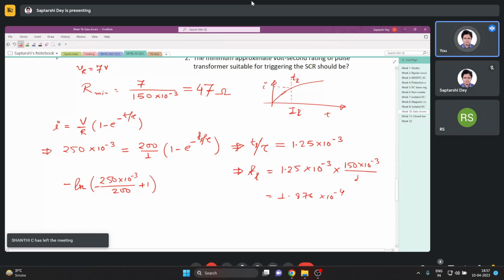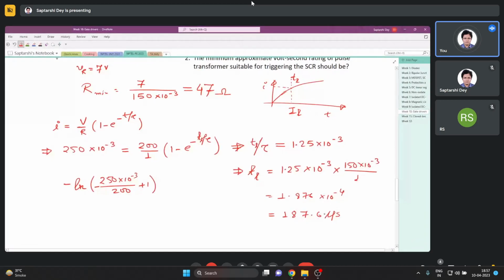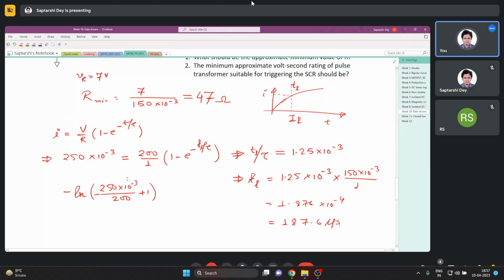So this much time we have to keep. If I write it in microsecond, it will be this much microsecond.